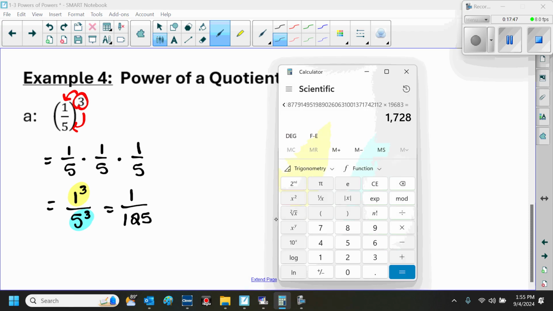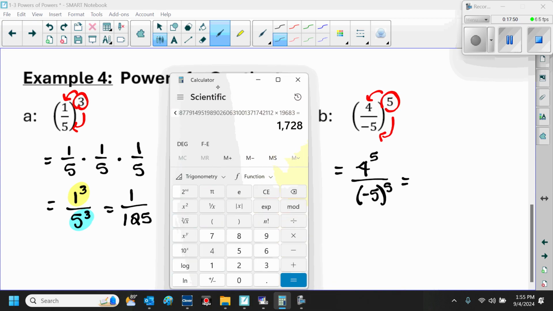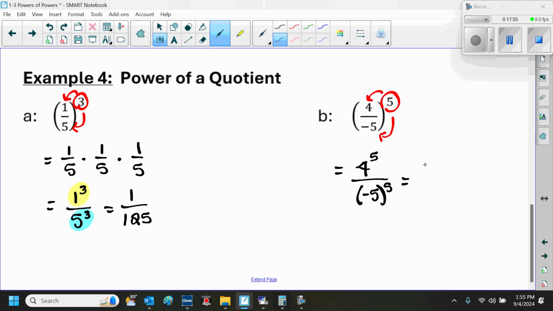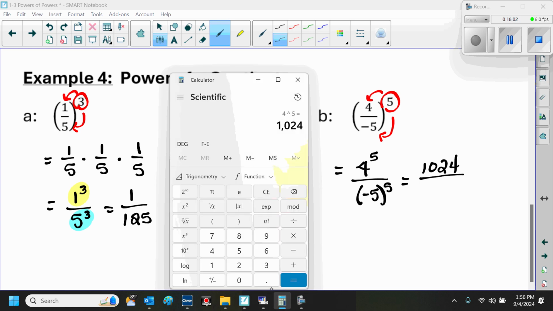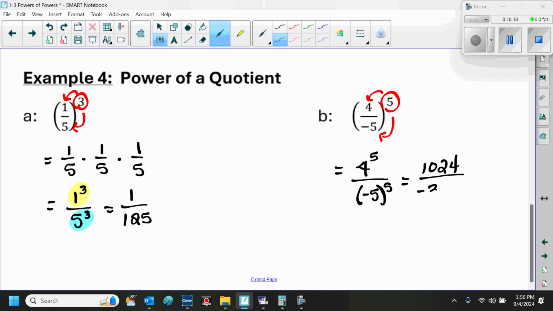So we've got 4 raised to the 5th power, that's 1024, over a -5, so we've got a 5 negative raised to the 5th power, and that gives us a -3,125. So -3,125. And there is our final answer. I don't believe we can simplify that.